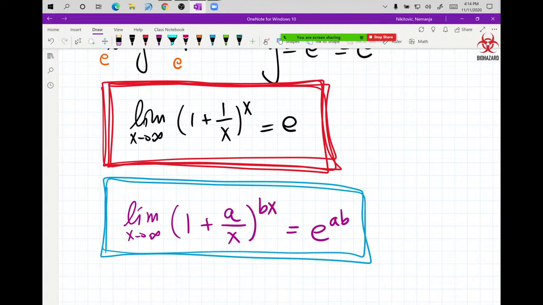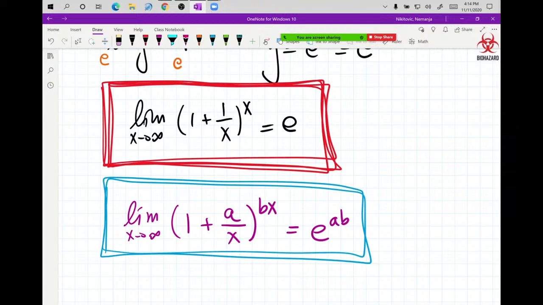Remember, x goes to infinity, not a, not b. That's a good question. It's good to point that out now, so we don't have issues later. You always have to be careful what your limit goes to. It's x that goes to infinity, so a and b are just what we would call parameters or numbers.